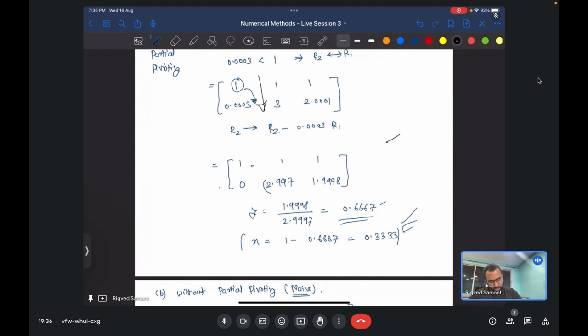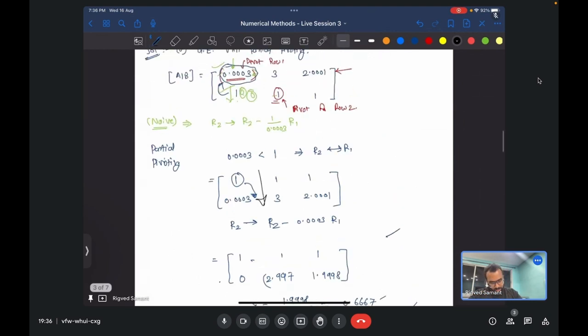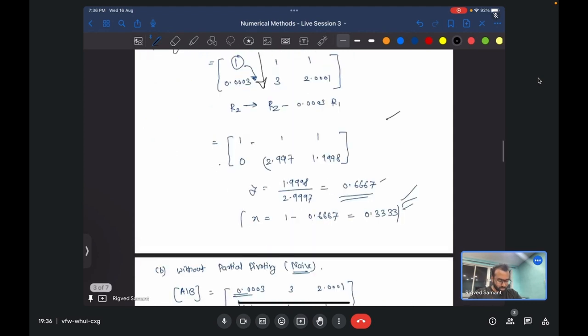Here row 2 had the highest value, so we swapped it first and then carried forward the Gauss elimination technique.